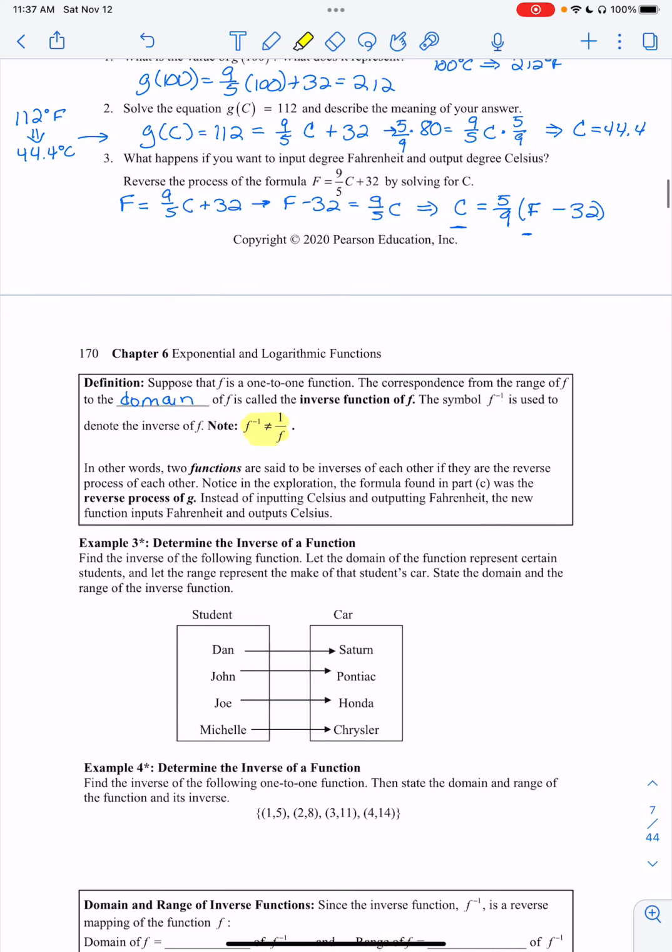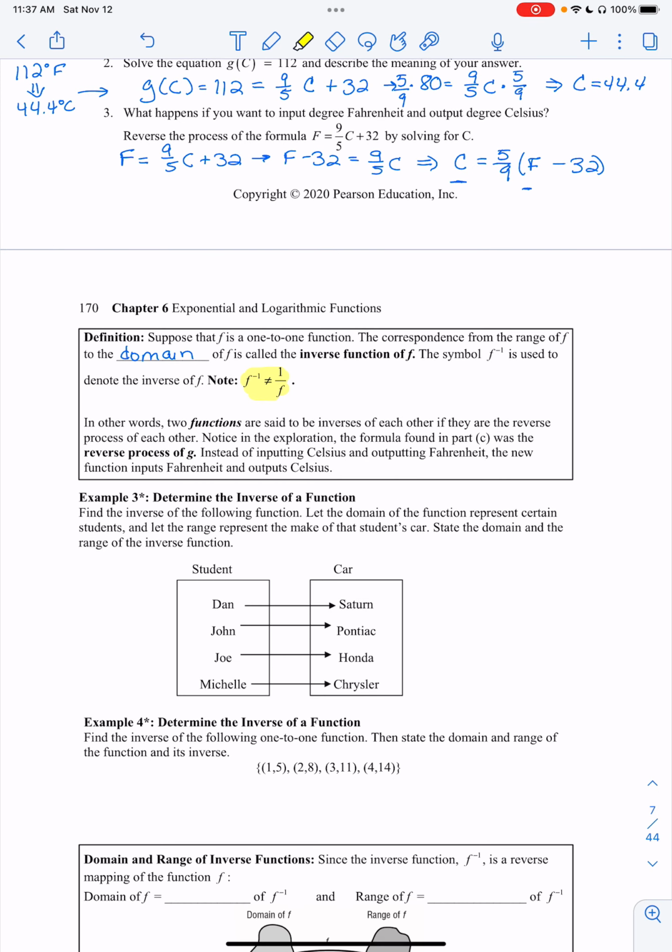So if we look at example 3 here, if we determine an inverse of a function, to find the inverse for the first one, where we have the students and their car. So right now for our original function f, this is our domain, and this over here for f is our range.